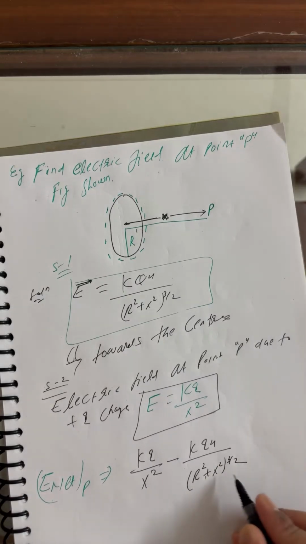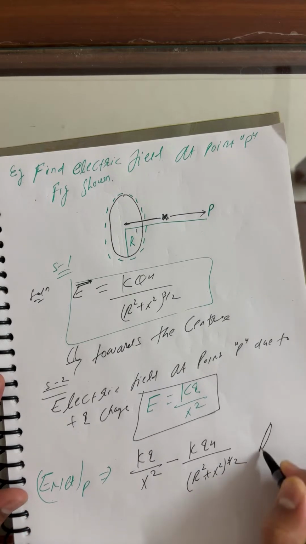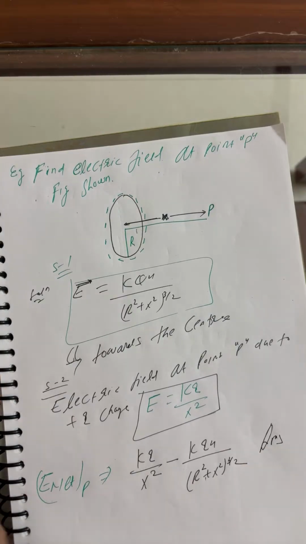Further, just solve everything here. K Q by X square, finally, this is the question.